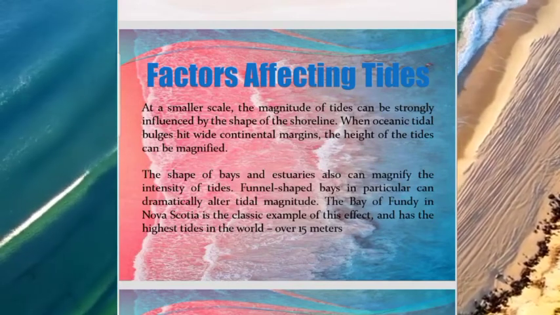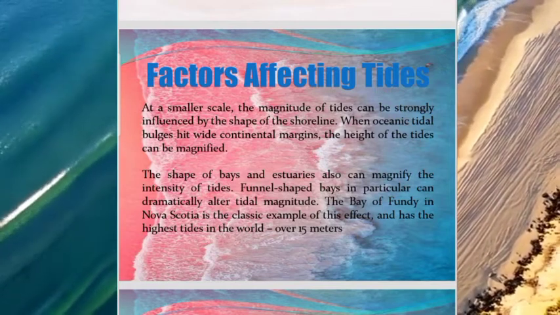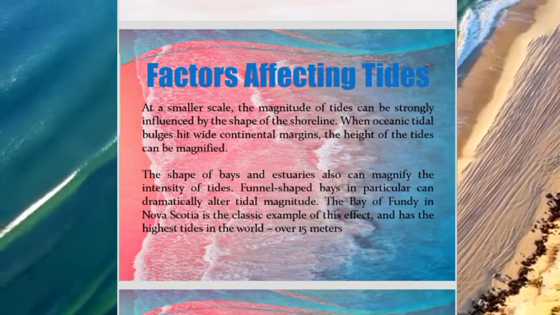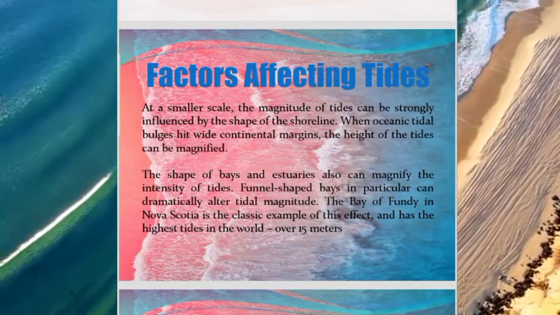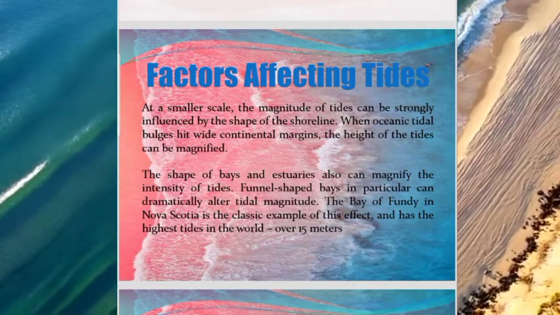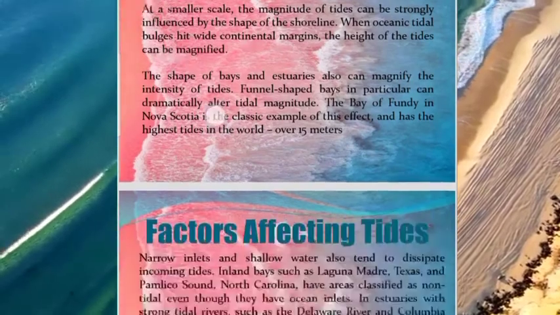Funnel-shaped bays, in particular, can dramatically alter tidal magnitude. The Bay of Fundy in Nova Scotia is a classic example of this, and has the highest tides in the world, over 15 meters.